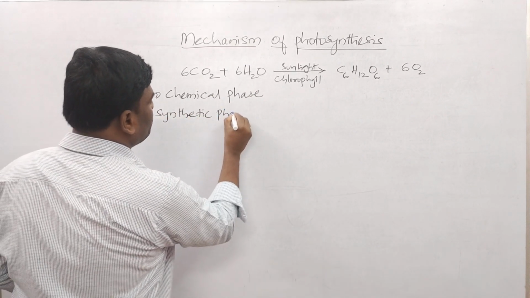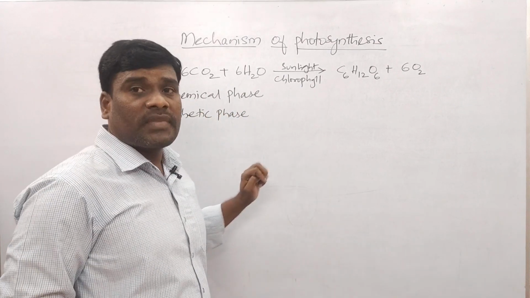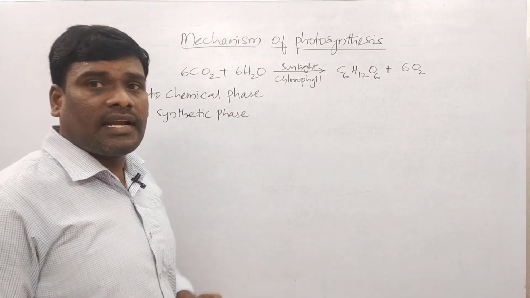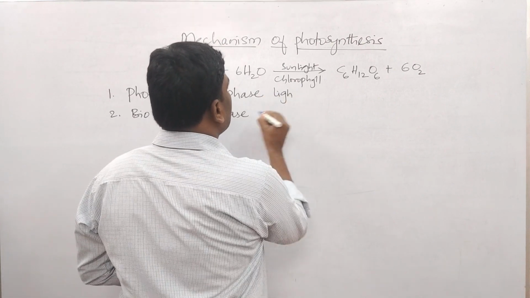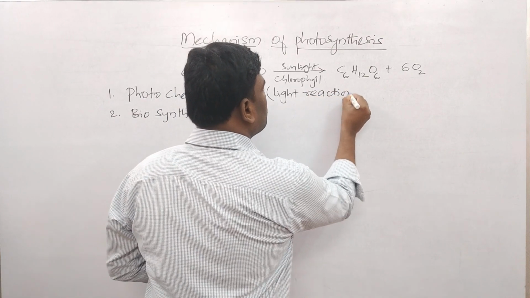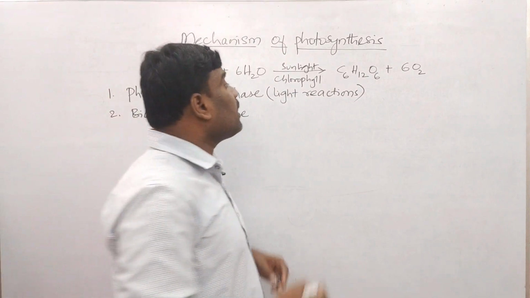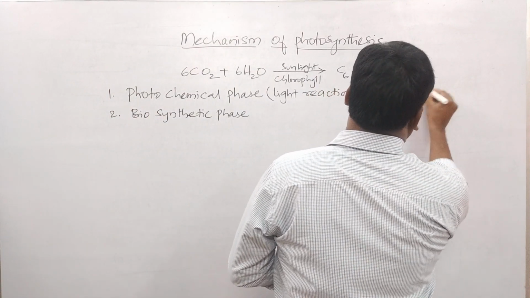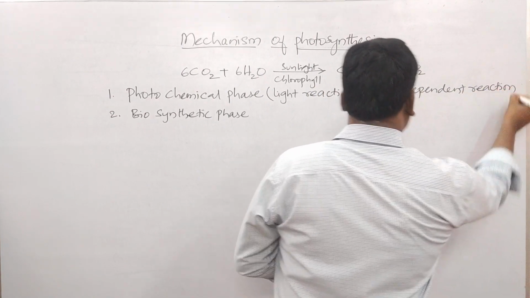The photochemical phase, children, requires sunlight, so it is dependent on sunlight, so it is called light reactions. We can also call it light dependent reaction, isn't it?